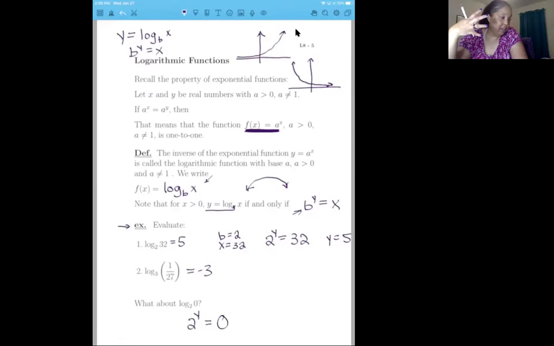And there's not, because remember, there's a horizontal asymptote at y equals 0. 2 to the y is always bigger than 0 because it looks like this. All right, so 0 is not in the domain of log.